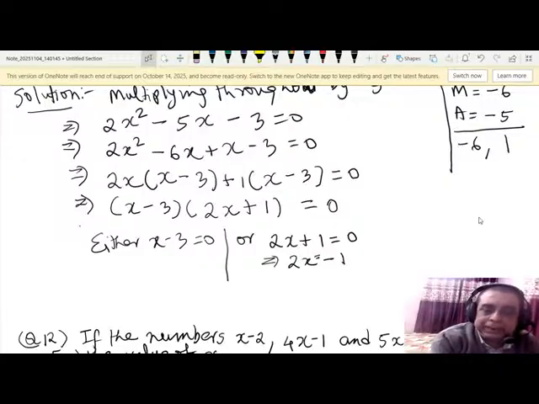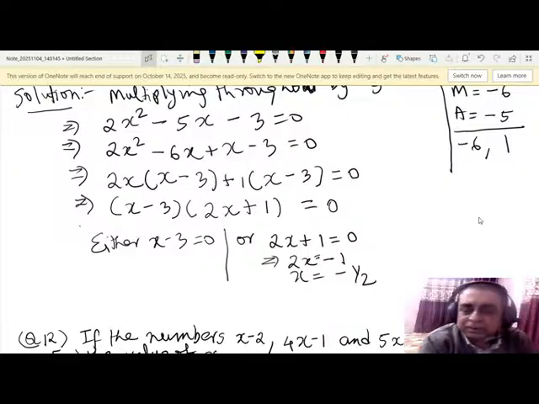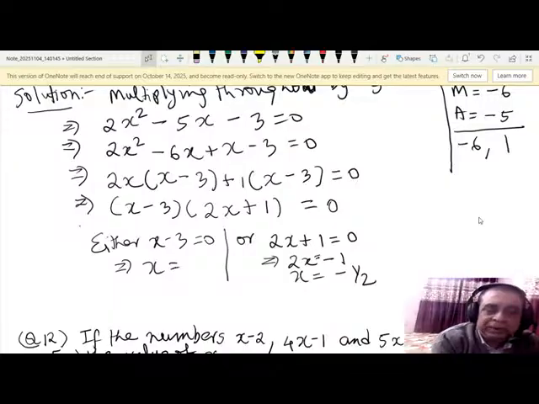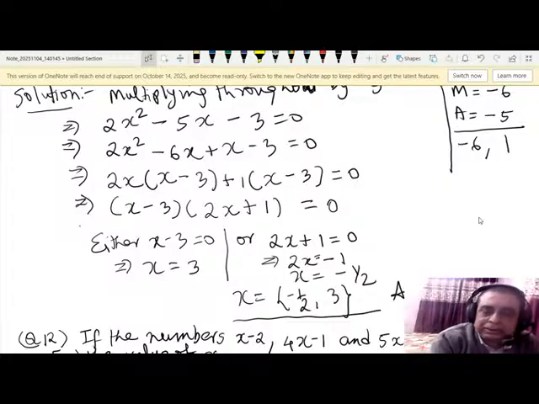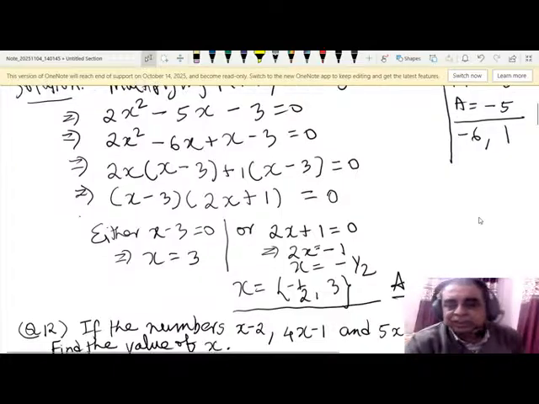So x is equal to minus half, as 2 moving to the other side becomes divide. From the other, x minus 3 equals 0, x is equal to plus 3. So the values of x are minus half and plus 3. These are the roots of the given equation. So this is the answer.